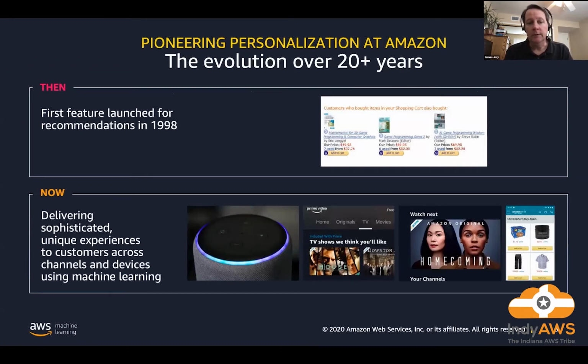So this first screenshot is our first humble beginning of personalizing similar item recommendations on our product detail page. And that was back in 1998. Since then, we've been continuing to refine the algorithms and approaches that we use that now span every channel as well as every product that Amazon has certain elements of personalization.